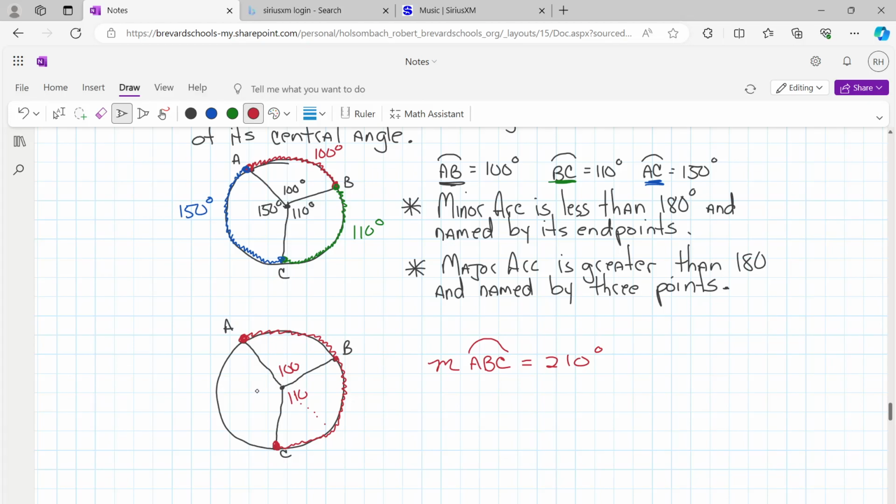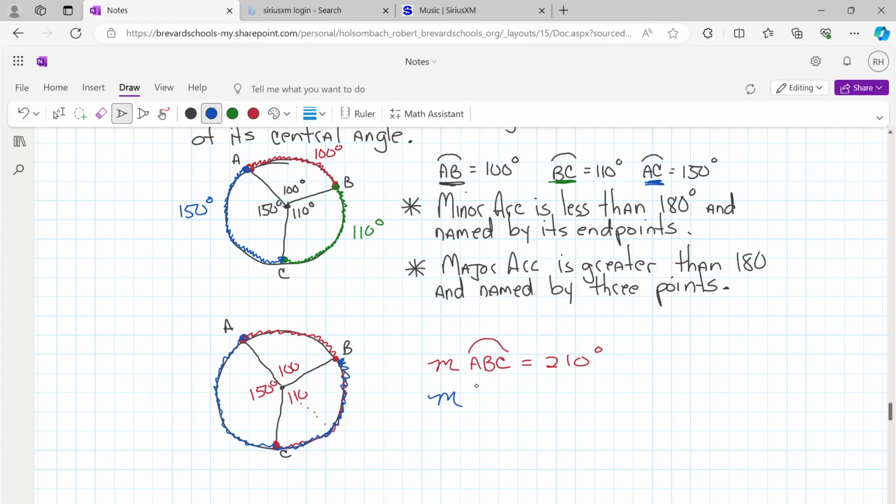If we put this 150-degree measure back in here, let's look at this other arc. We've got an arc here that can start at B, go clockwise through C, and end all the way up here at point A. That's another major arc.